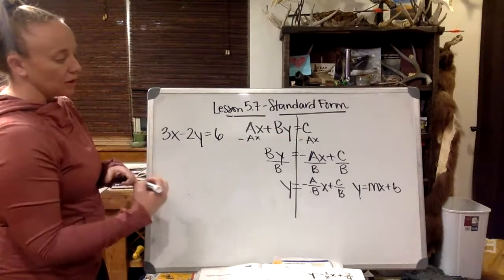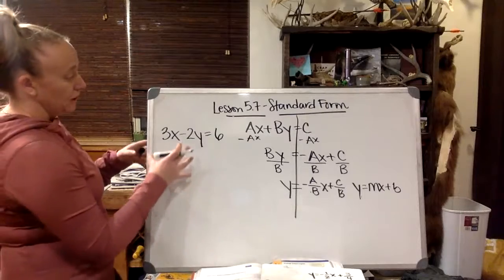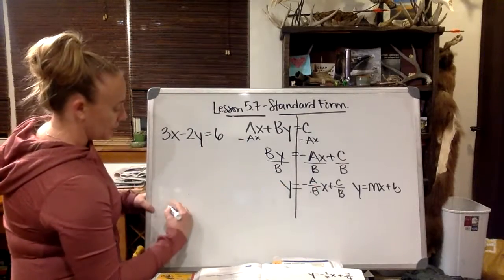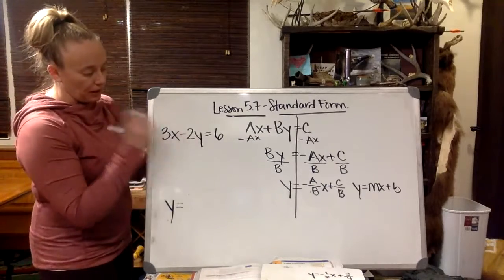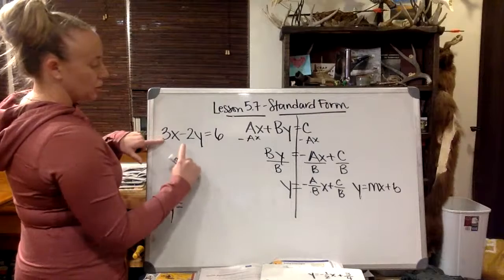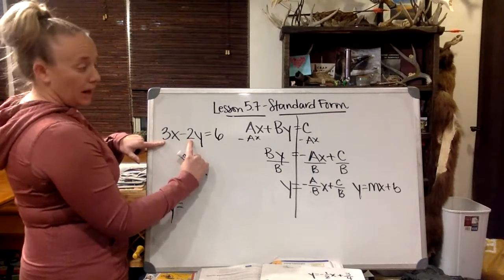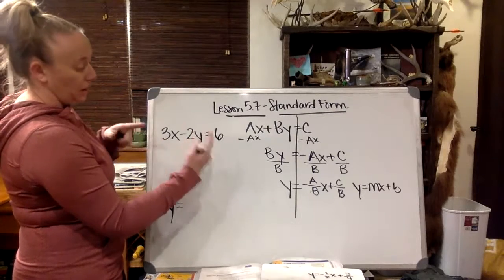But let's also skip to the chase and see what it would look like if I used this format. So we have y, and I'm putting it way down here so that way I can do the algebra underneath. I need a over b, so 3 over negative 2, and I need negative a over b, so I need to convert that to a positive number.